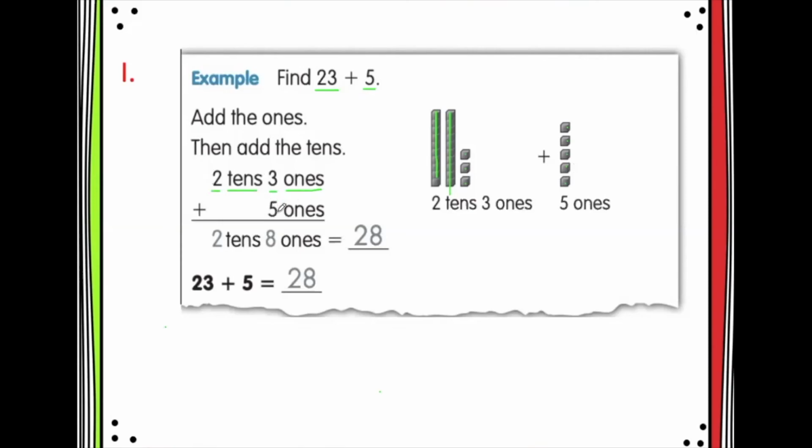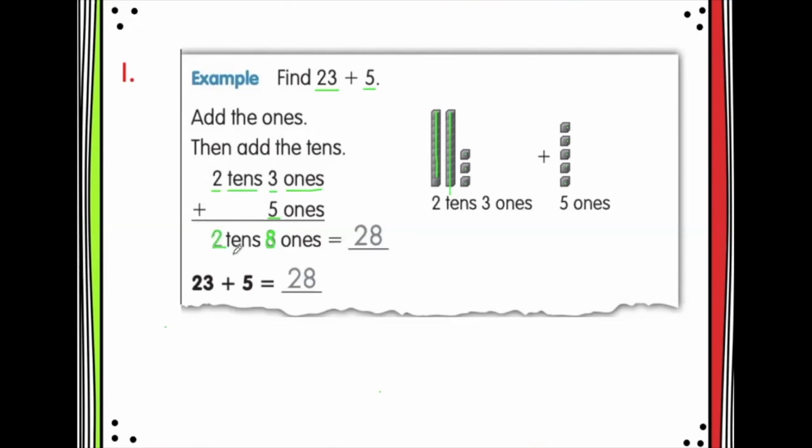So we're going to line up our 5 underneath the 3 ones. So 3 plus 5, if we know our math facts, equals 8. Then we have 2 tens plus, oh, nothing's there, so the 2 stays the same.